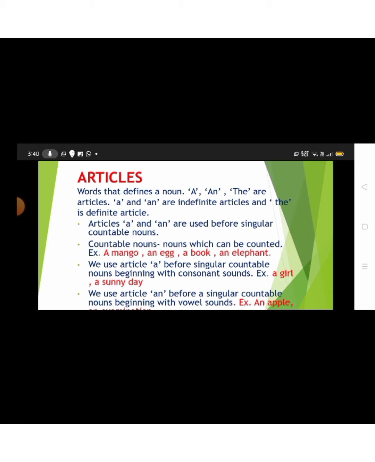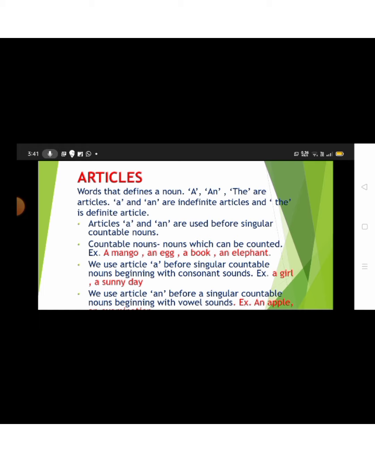See here, children, articles a and an are used before singular countable nouns. Do you know what countable nouns are? Countable nouns are nouns which can be counted, like a mango, egg, book, elephant. For these countable nouns, we use a or an.